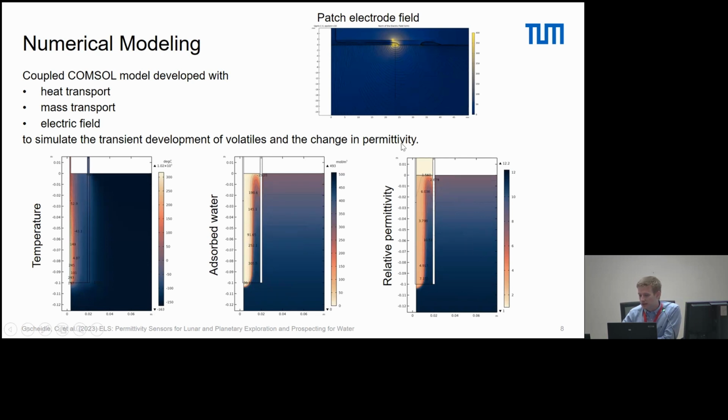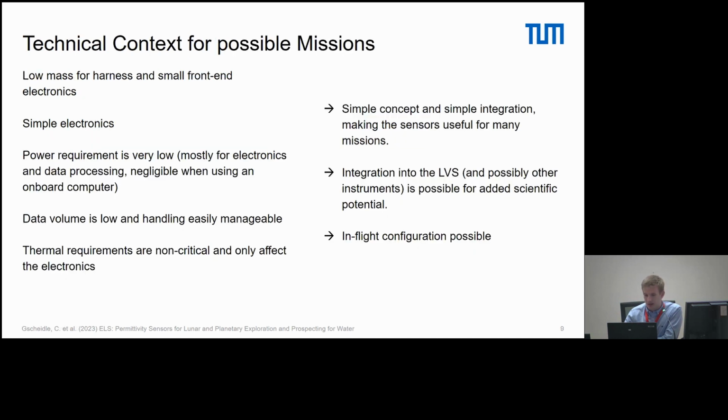The same goes for these patch electrodes, but there we don't have a heater yet. We're looking at this, and it basically behaves the same.